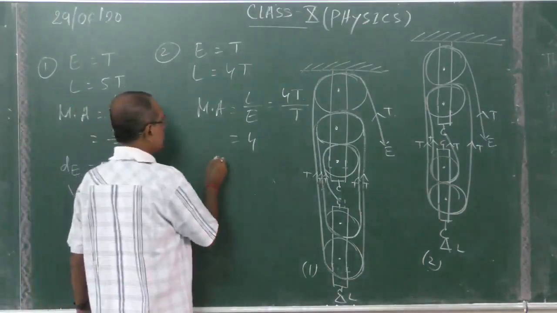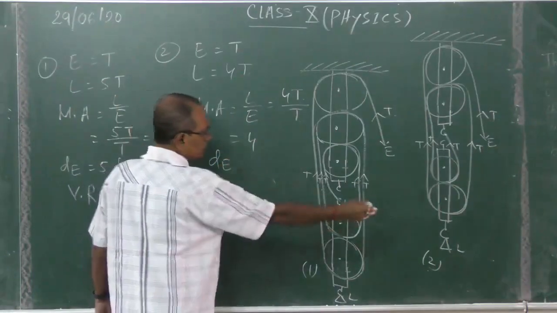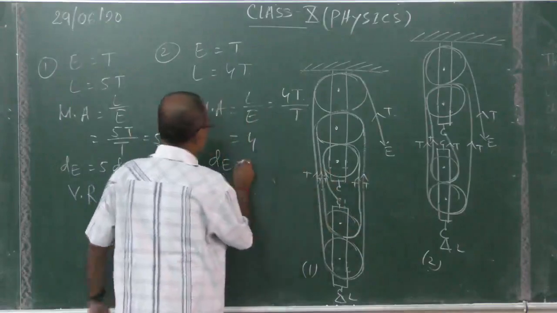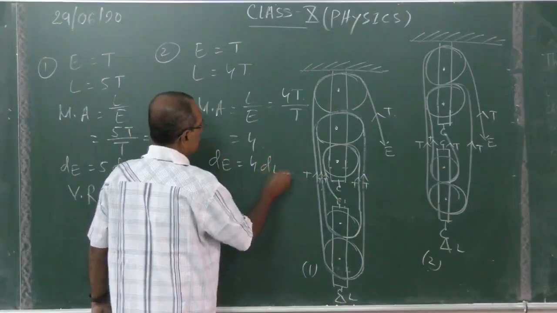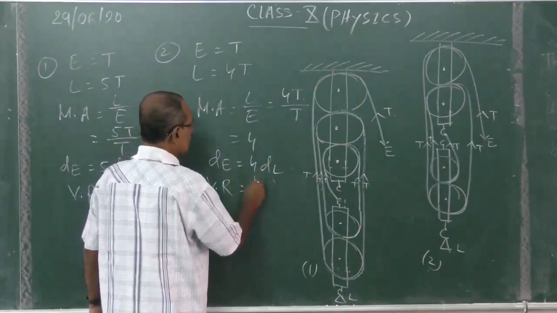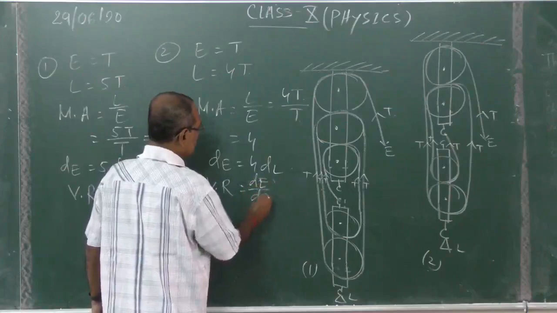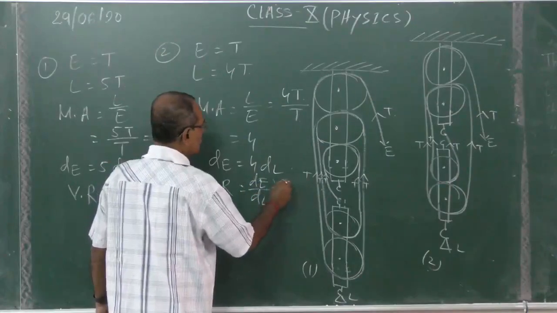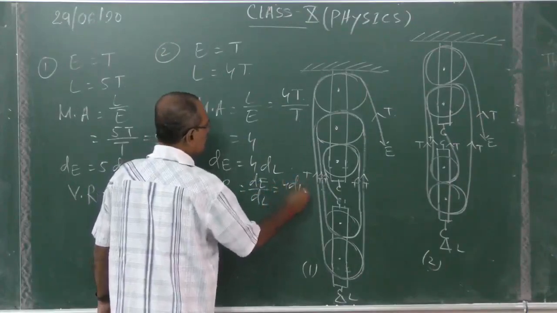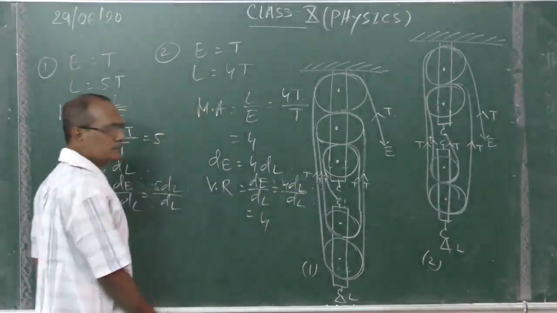Here also the same thing. DE equal to how much? Second case, 4 DL. So therefore VR is equal to DE by DL, that is equal to 4 DL by DL, that is equal to 4.